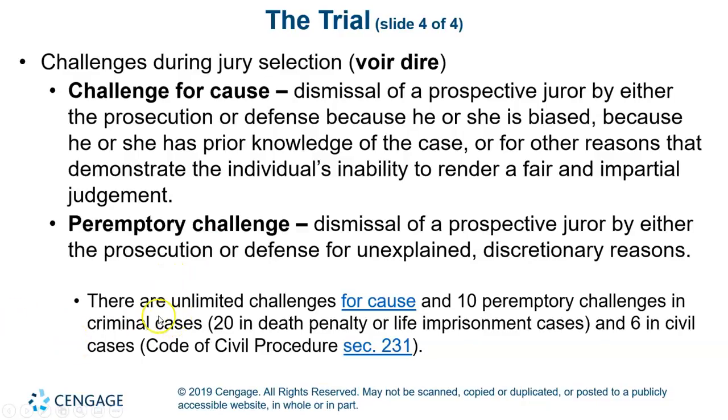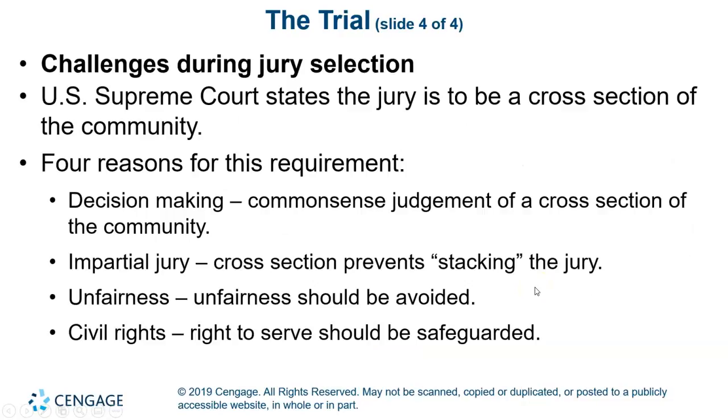So there are unlimited challenges for cause, and, looking at the California code, 10 peremptory challenges in criminal cases, 20 in death penalty cases, and 6 in civil cases. But this just gives you an example. I just want you to know the difference between challenge for cause and peremptory challenge. So hopefully that makes sense.